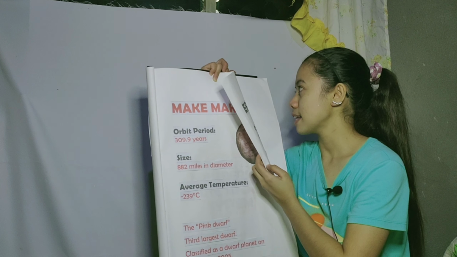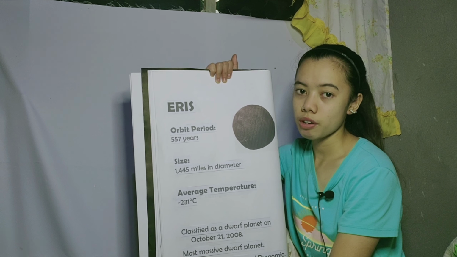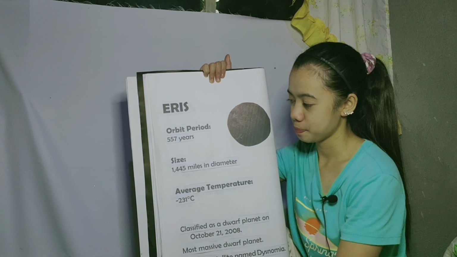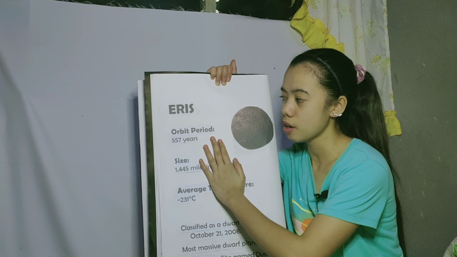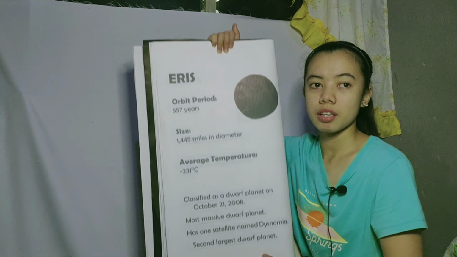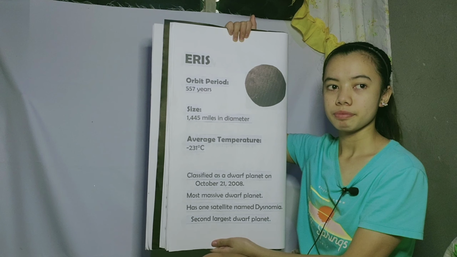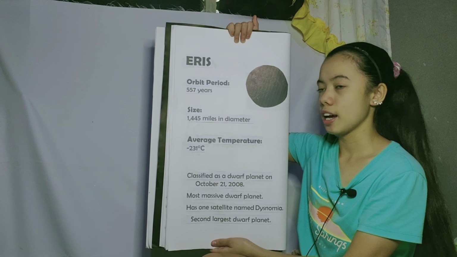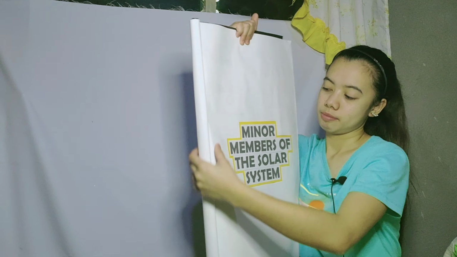Right, so for our last dwarf planet, we have Eris. Just like the other dwarf planets, I also have here the orbit period of Eris, the size, average temperature, and then the other given facts. It kind of has the same layout, right?